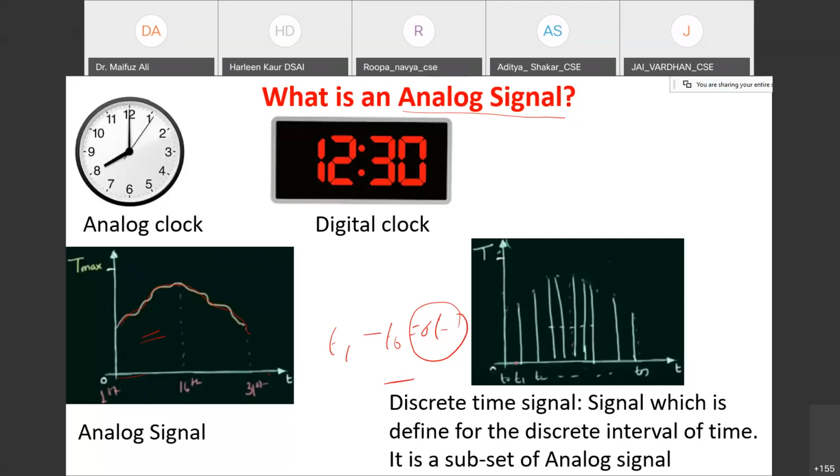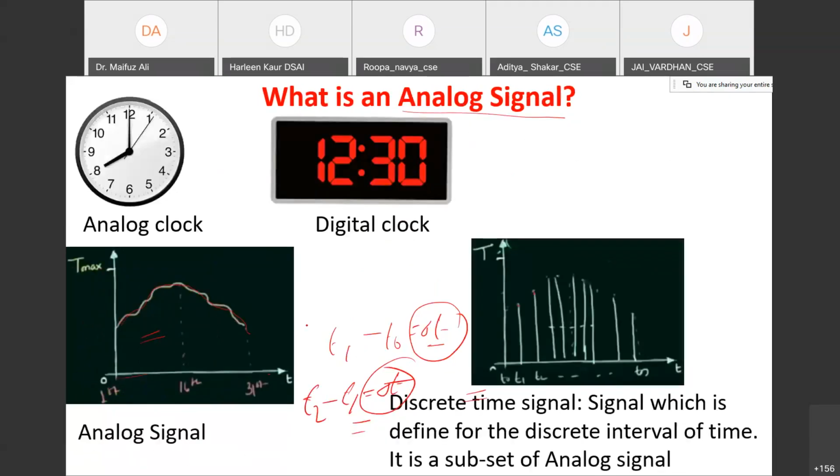You are taking the temperature at discrete times at some interval delta T, and T2 minus T1 is equal to delta T. With this delta T time difference, at T1 you get this temperature, at T2 this temperature, at T3 this temperature. This is the discrete time signal.